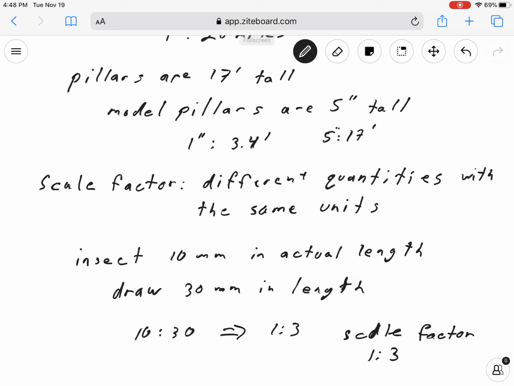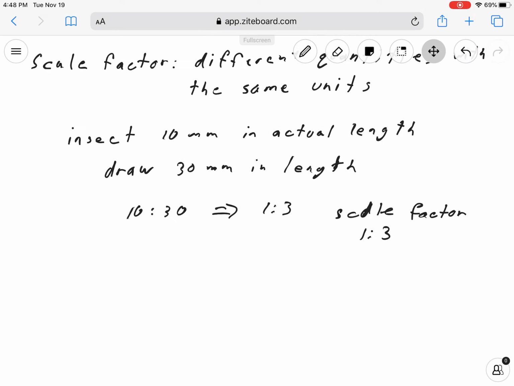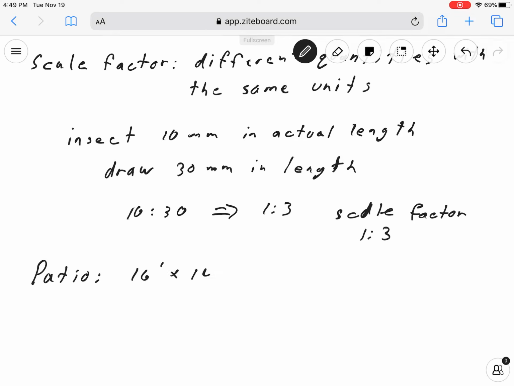A couple more examples of how we might use it. Say we're designing a patio. Okay, so we have a patio, and we want it to be 16 feet by 14 feet. And I want to make a scale drawing of the patio.